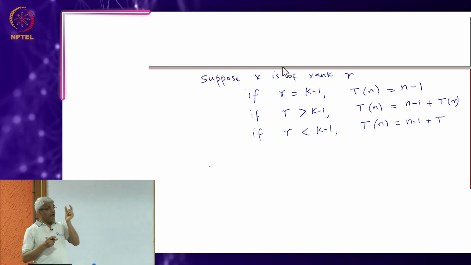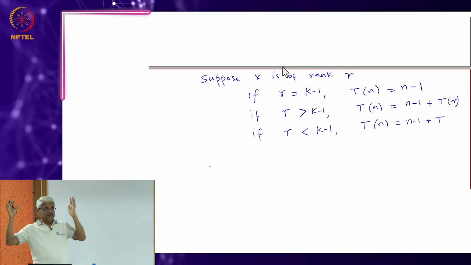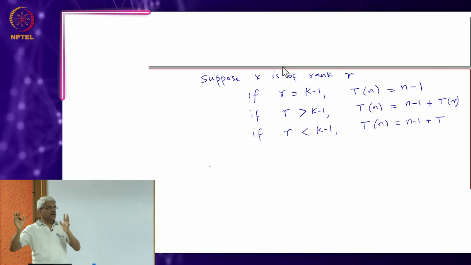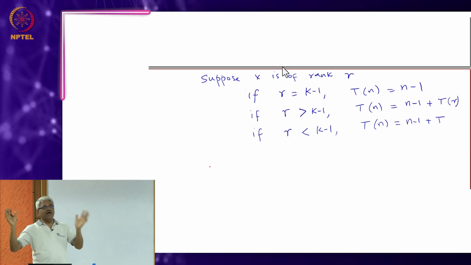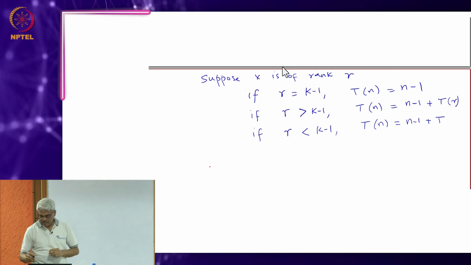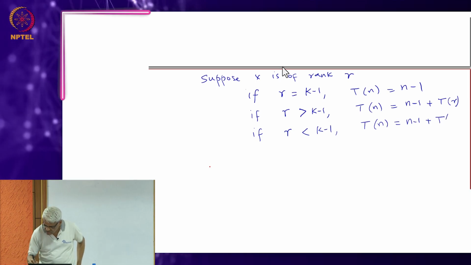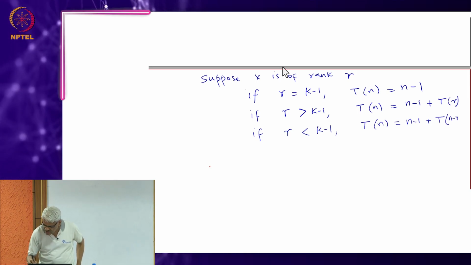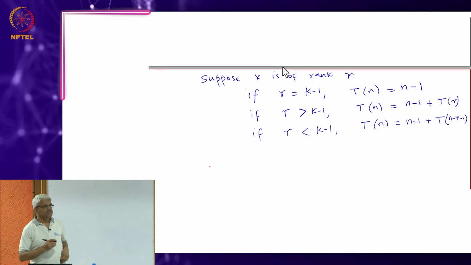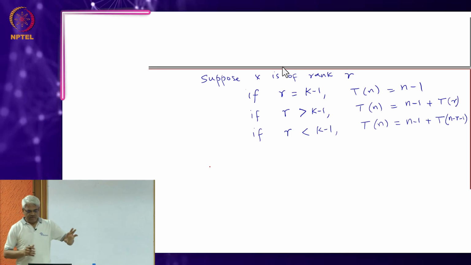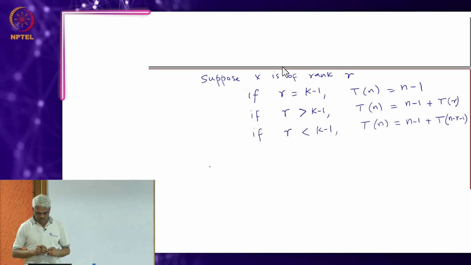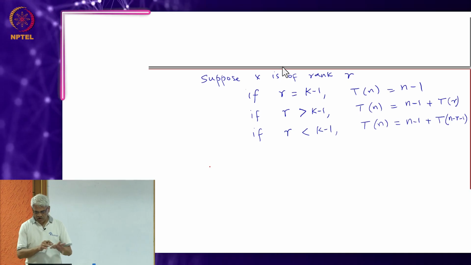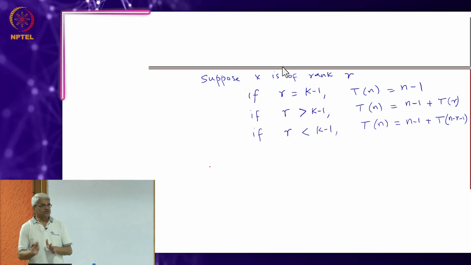K minus R is the rank I am looking at, but what is the set in which I am going to recurse? N minus R. N minus R minus 1, right, because you ignore the X also. So, it is N minus R minus 1.